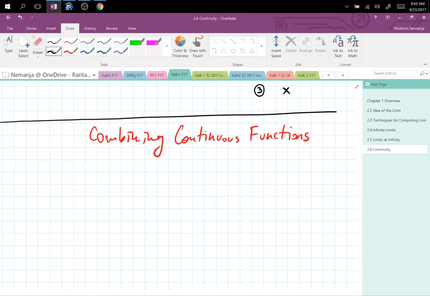We already said that when you combine 2 continuous functions, you get a continuous function. So what do we have?